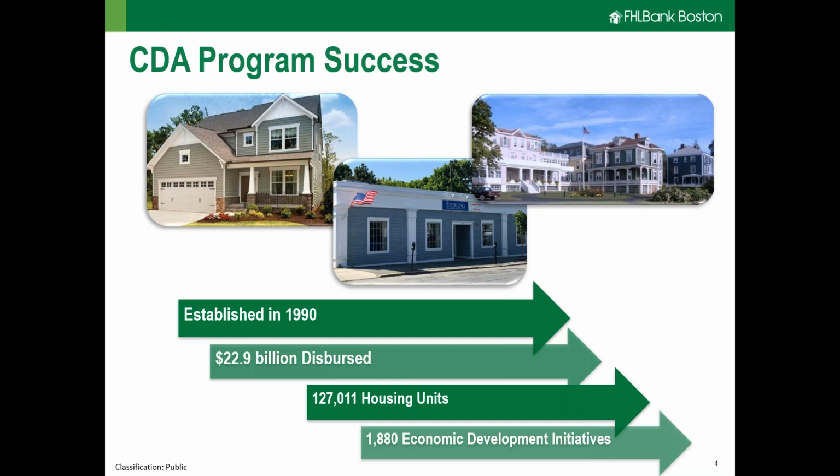So if you have a footprint outside of the 6 New England states, the CDA program can still support that initiative. In addition, in terms of end beneficiaries, it's provided housing for just under 80,000 households and created a financial tool for just under 2,000 economic development initiatives.